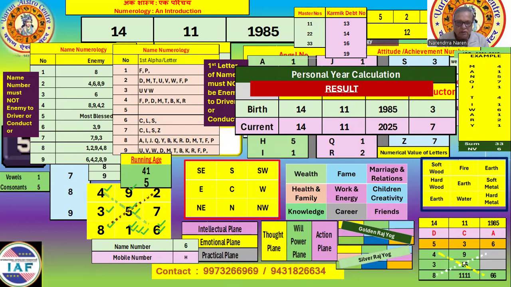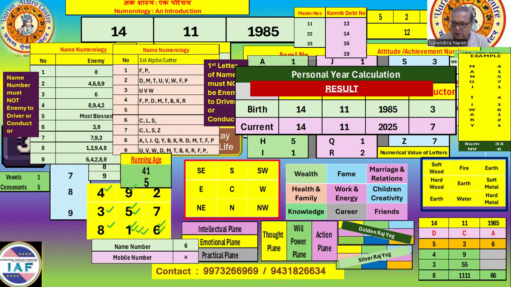Similarly, for number 7, the enemy numbers are 793, which is the enemy to the conductor. The native is passing through the age of 41, that is 5. So this is beneficial for the native. In all cases, cumulatively it can be considered that the native will pass the year successfully.